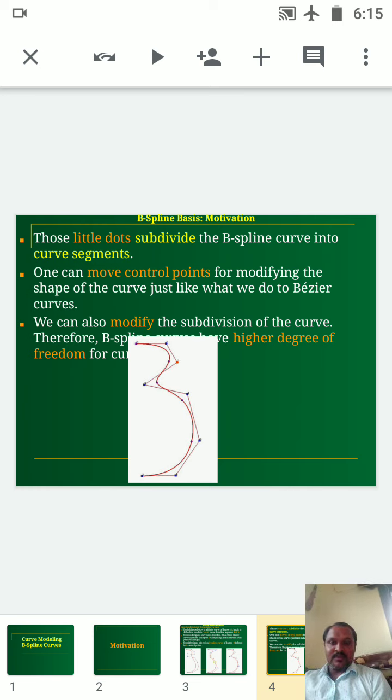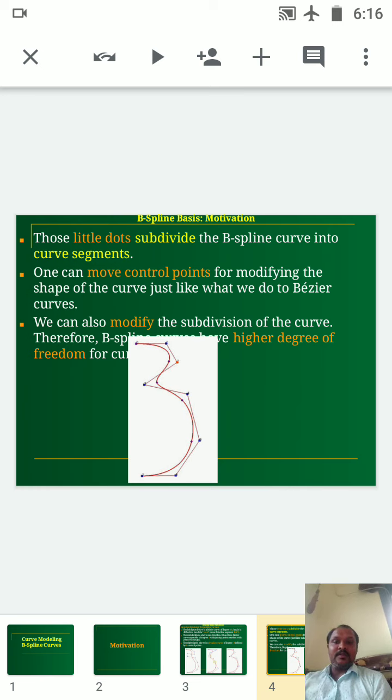In the Bezier curve also, we are changing or modifying the curve according to our requirement. Here in the B-spline curve we are also going to do that, but the difference is that we are dividing the entire domain into small segments.